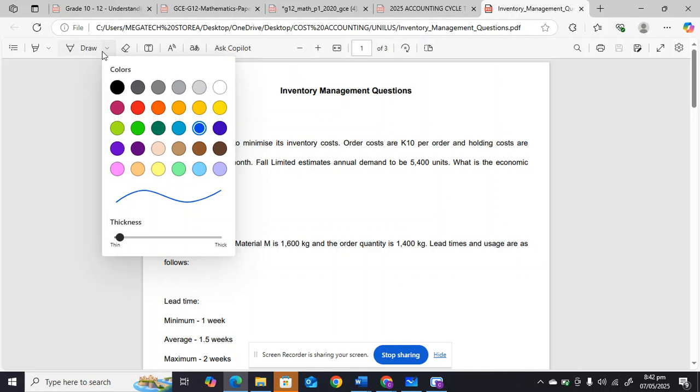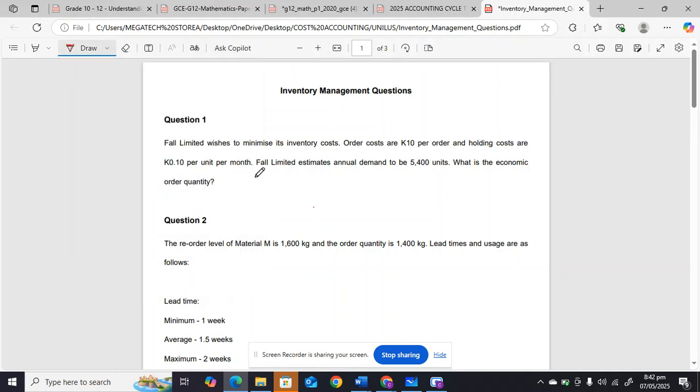So for the economic order quantity, EOQ, this is the formula.